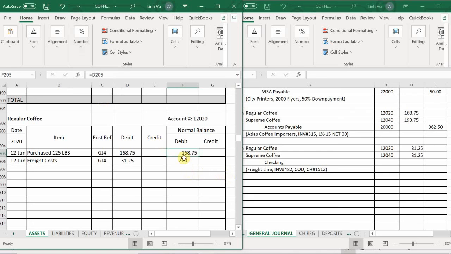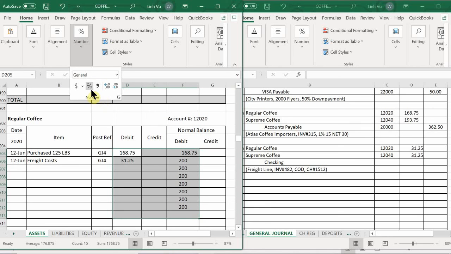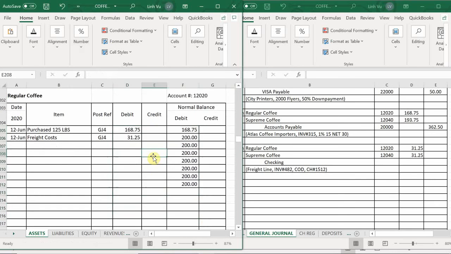And once again, this formula could be dragged all the way down. So that was my regular coffee.